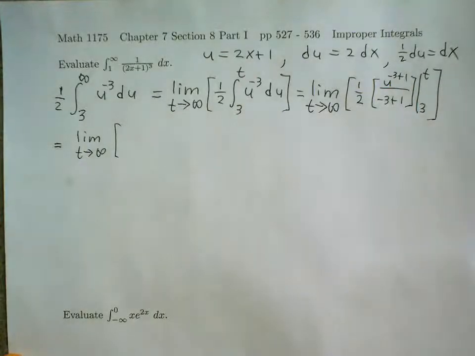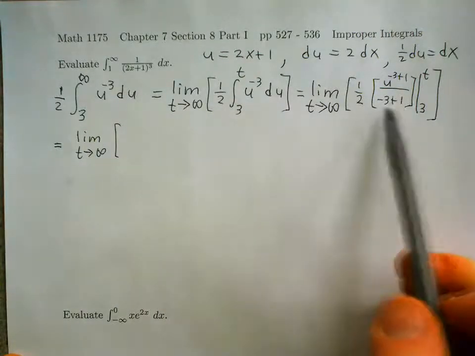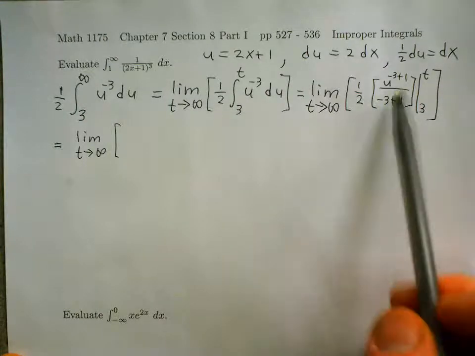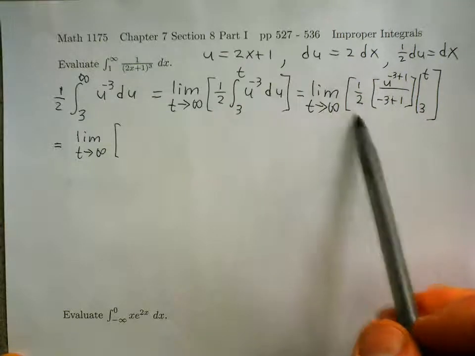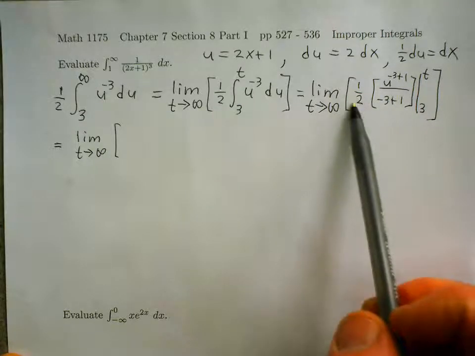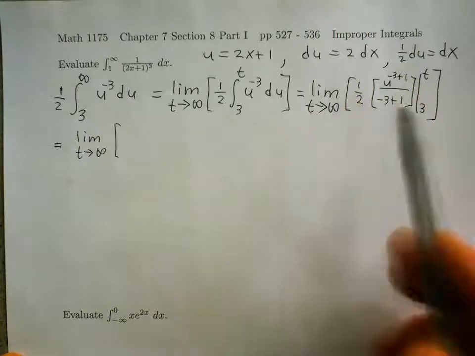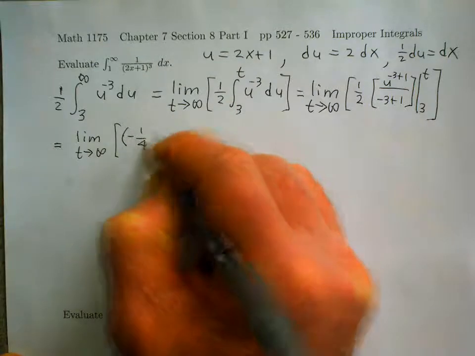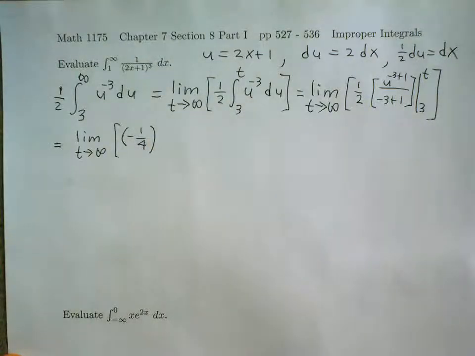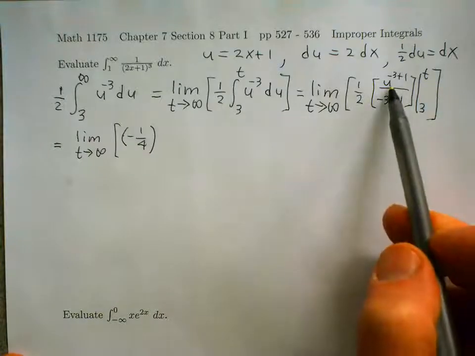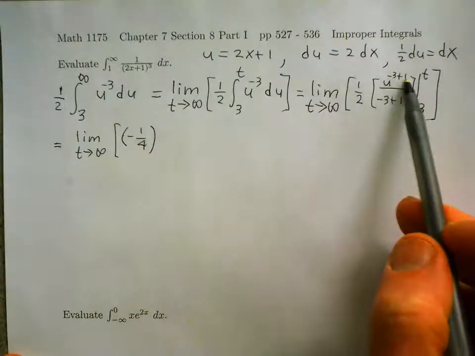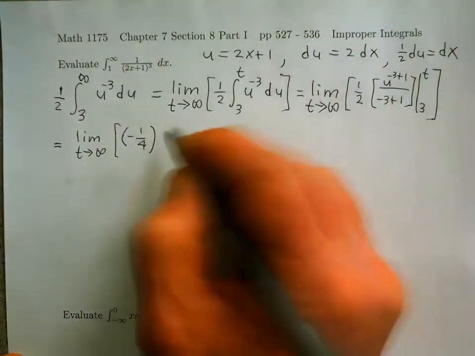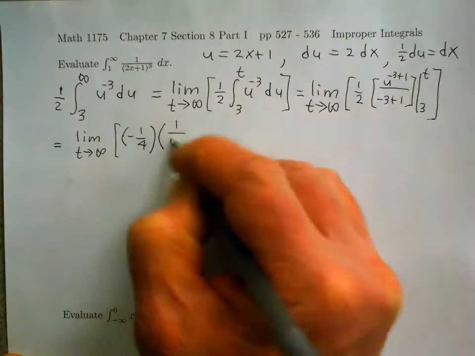So how are we going to simplify this? In this denominator, we have negative 3 plus 1, which is negative 2. So that's like dividing by negative 2. And if we multiply 1/2 times negative 1/2, we can write this as negative 1/4. And instead of u to the negative 3 plus 1, that's u to the negative 2, but we can write it as 1 over u to the positive 2.